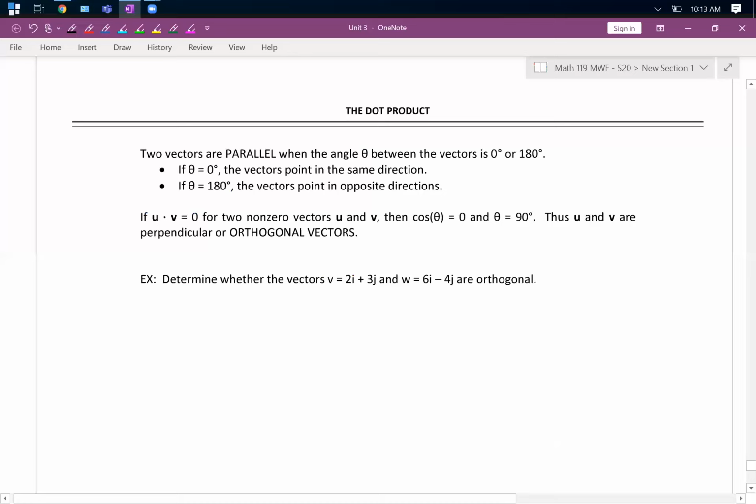So we want to determine whether these two vectors, v and w, are orthogonal. The only way to do that here is to find the dot product and see if it's equal to 0. Because if it is, well then great, that forces theta to be 90 degrees. I'm going to write my angle brackets first. And then we'll dot this.